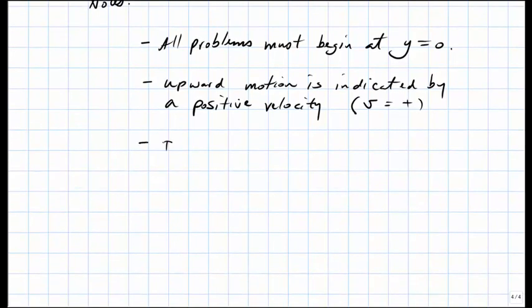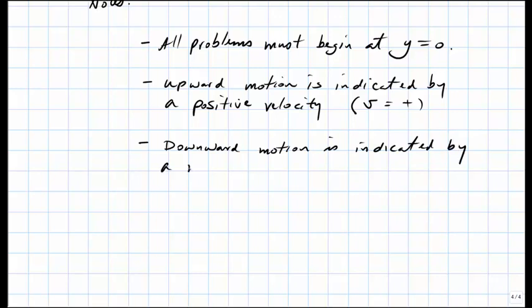And likewise, downward motion is indicated by a negative velocity. In other words, v equals negative whenever the object's moving downward.